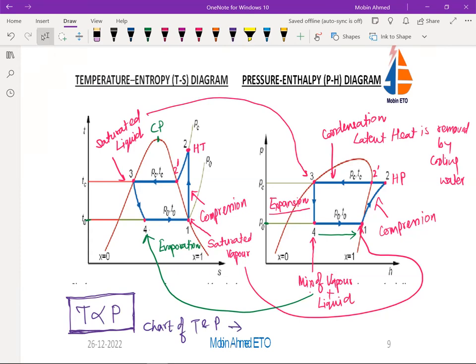This one was R143, but this has been discontinued now. If some ships still have it, it's okay. Otherwise, nowadays what we use is R134a. Okay, this is what we use nowadays.